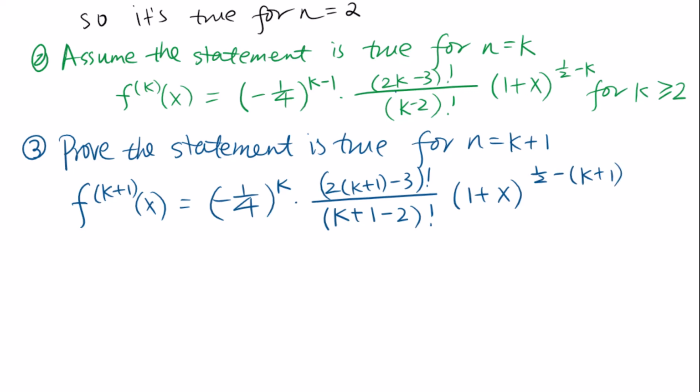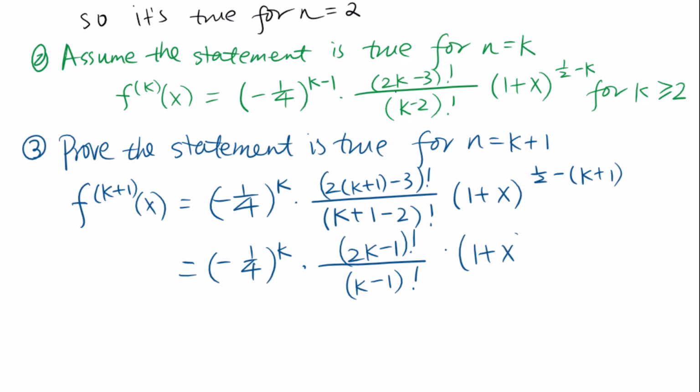When you change k into k plus 1, remember to put the parentheses. Organize: -1 over 4 to the k, times 2k plus 2 minus 3, which is 2k minus 1 factorial, with k minus 1 factorial as a denominator, then times (1 plus x) to the 1/2 minus k minus 1, which will be negative 1/2 minus k.